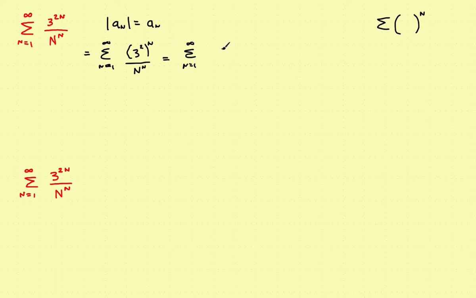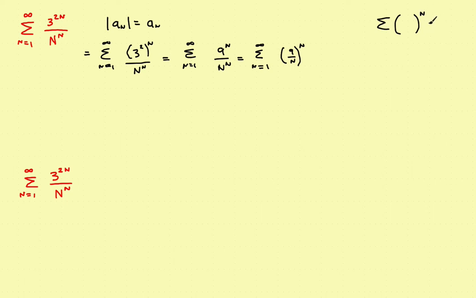Now 3 squared is 9, so I wind up with 9 to the n divided by n to the n. Since they're both to the n power, I can write this as the summation from n equals 1 to infinity of 9 over n, raised to the n. All I did there was manipulate the original series until it turned into this form, and that's not a problem at all.